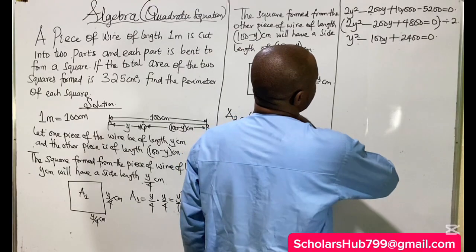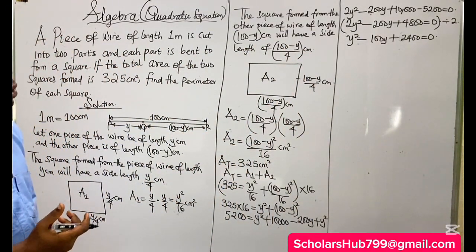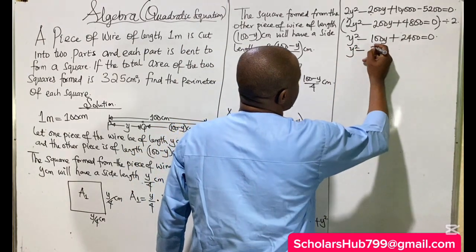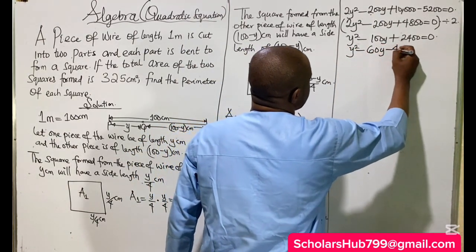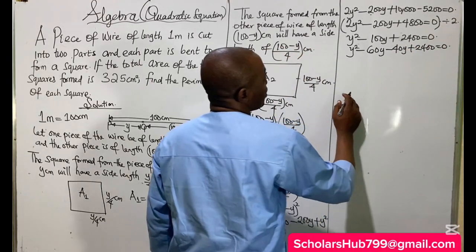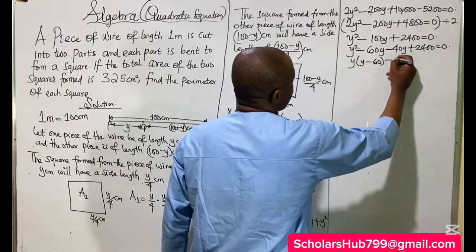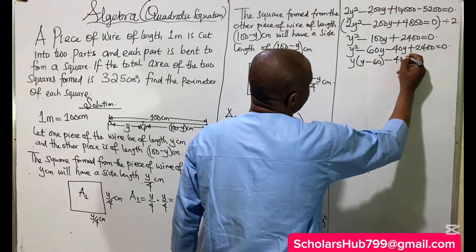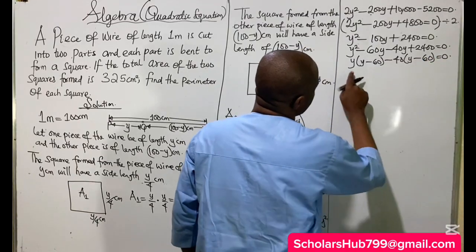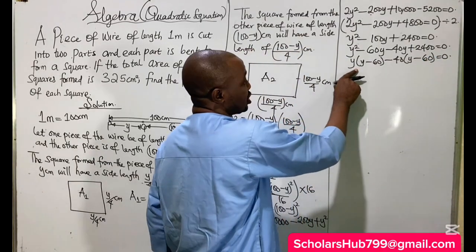Now let's use the quadratic formula, or we can still get the factors of 2400. In this case, the factors will be negative 60y, negative 40y, plus 2,400 equals 0. So this will be (y minus 40)(y minus 60) equals 0.